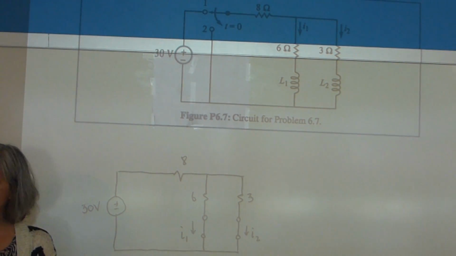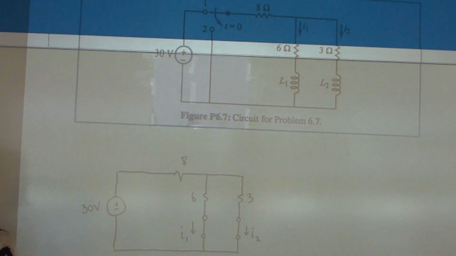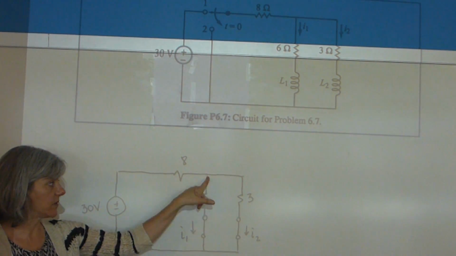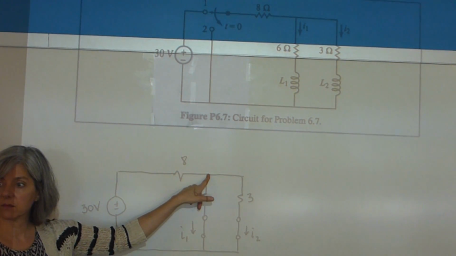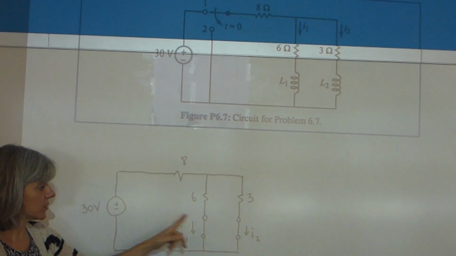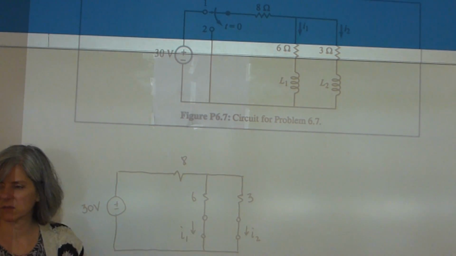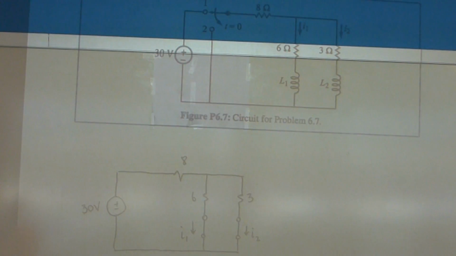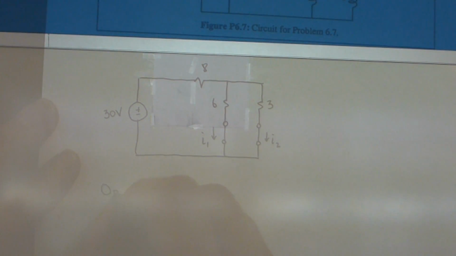So let's think about some options. This is a fairly simple circuit, but we do have some options. Any thoughts? I'm just speaking to the crowd, I would say. So there are a couple of things we could do. We could find the voltage here with KCL, right? So we could do one single node equation. We could do 2 mesh equations. That seems overkill. So I'm going to look at some options.